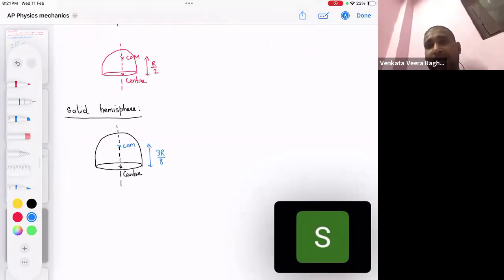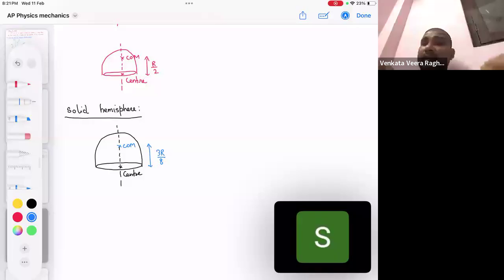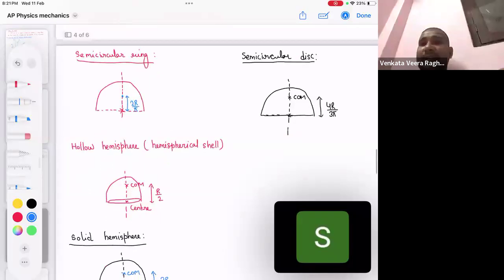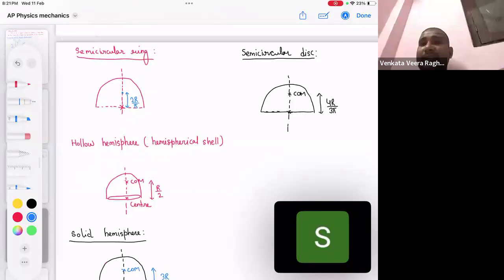Okay, so these are some of the standard objects whose center of mass we have written. Is that clear? Now please calculate how it comes for a uniform semicircular ring. Keep in mind the important point, it is a uniform distribution of mass. So for a uniform semicircular ring, how did it come to 2r by pi?